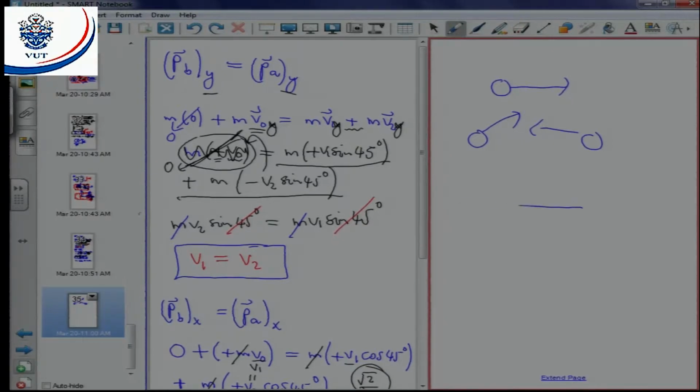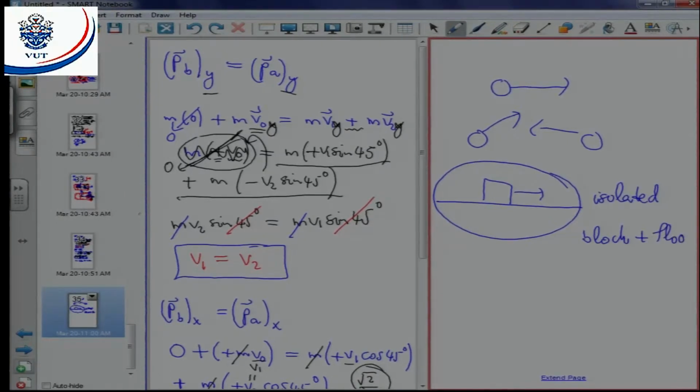If I have a block on a surface moving in some direction, the isolated system in this case would be the block plus the floor. If there's friction on the floor, the block will lose some energy to the floor, and we have studied this.